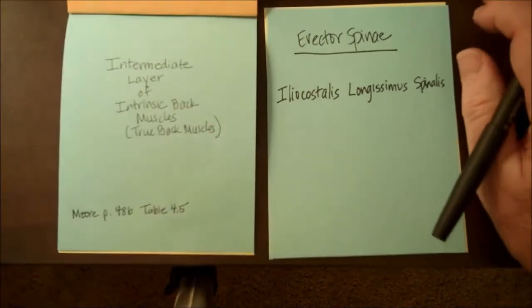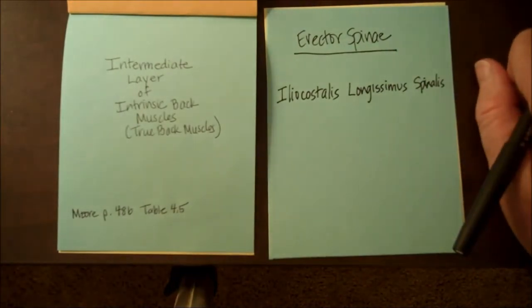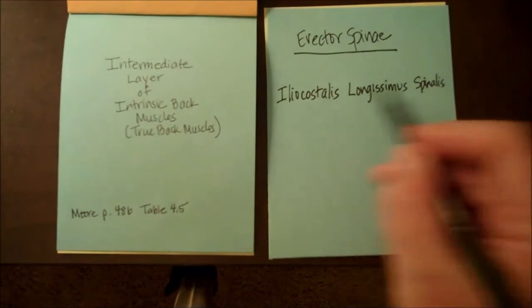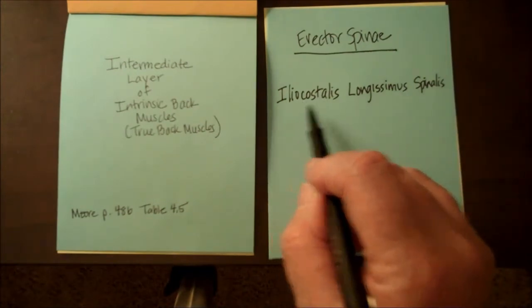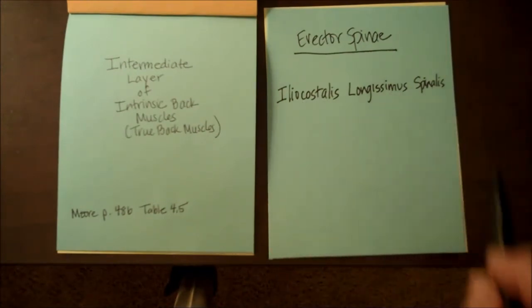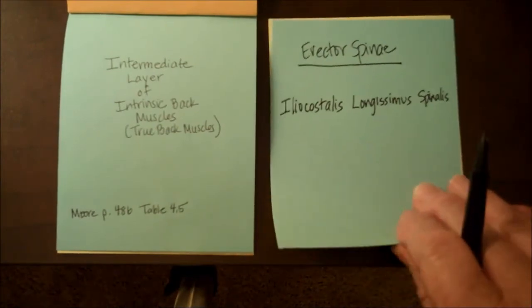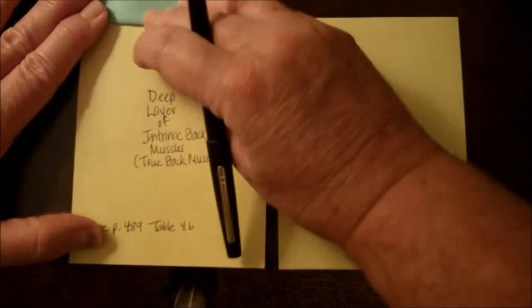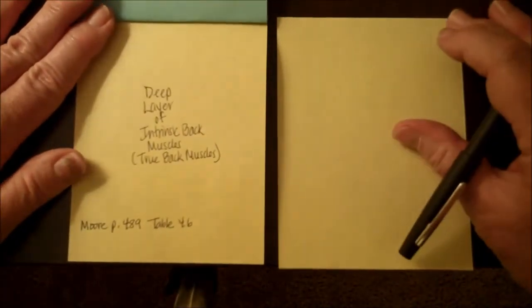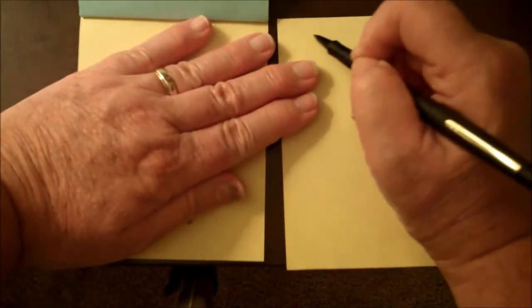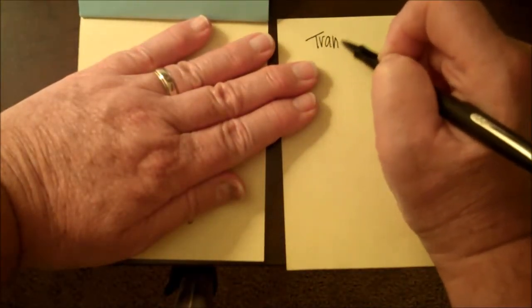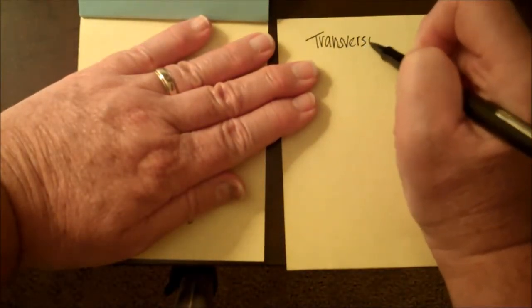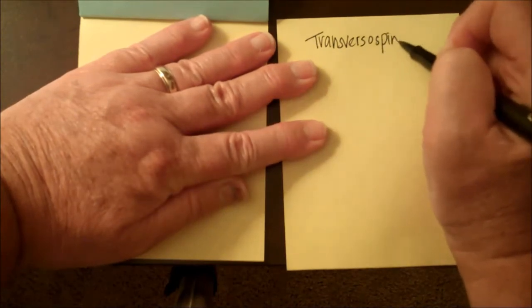Okay, so the Erector Spinae is the intermediate layer of the true back muscles. From lateral to medial, iliocostalis, longissimus, spinalis. So now let's reflect that layer. And now we've got the deep layer of the true back muscles. This is the transversospinalis.